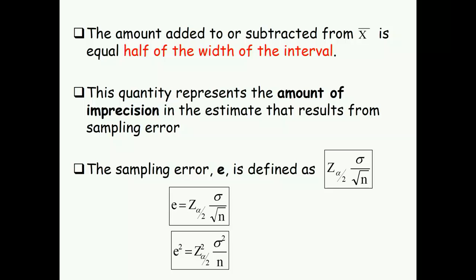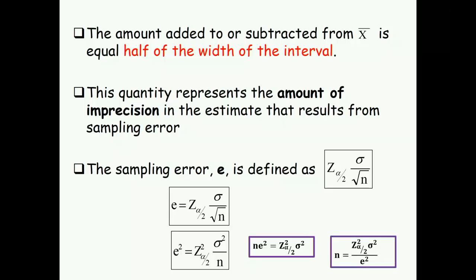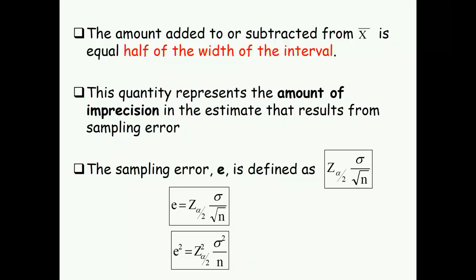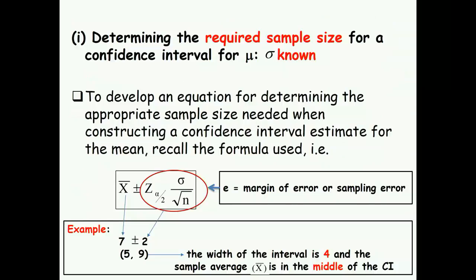Let us square it so that this n would be out of the square root. And now let me try to find n. N times this one would be, and then n would be something like this. Because if you see this formula, sorry to take you back, this doesn't play any role.